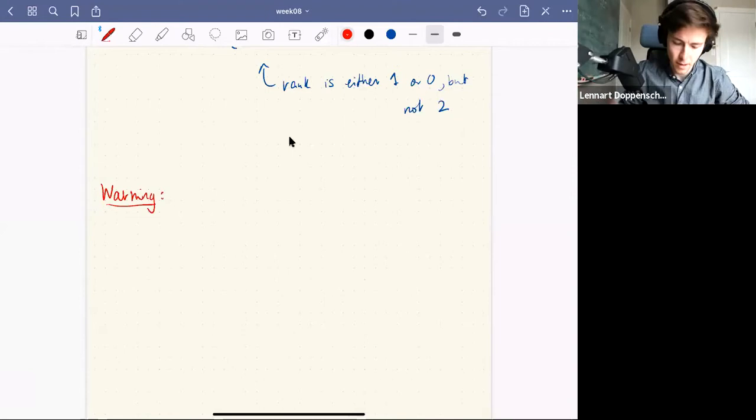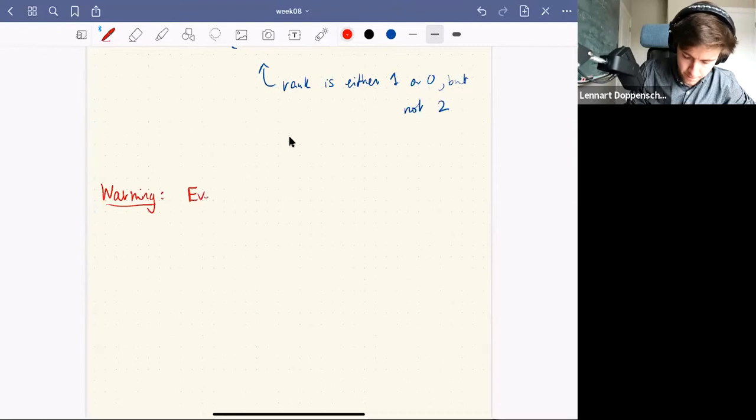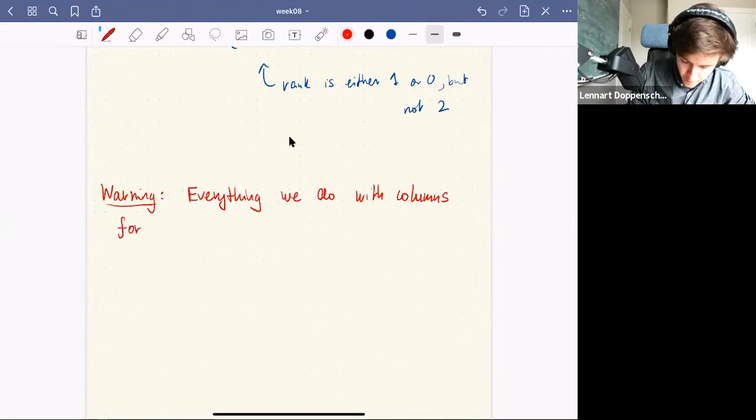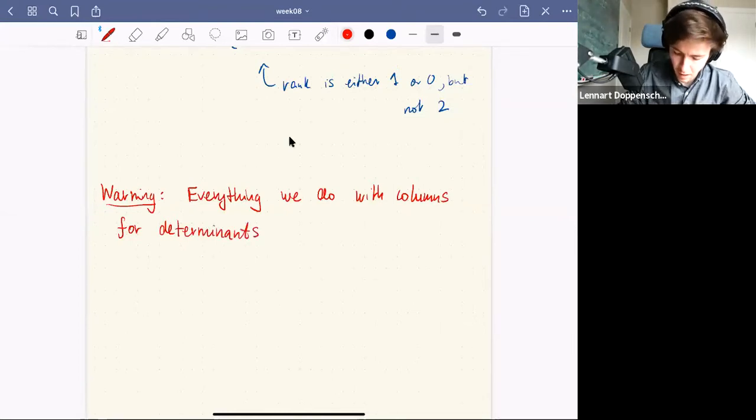Well, I could say that everything we do with columns for determinants is also true for rows.